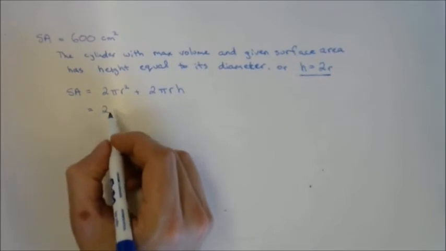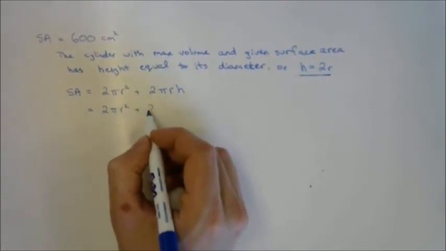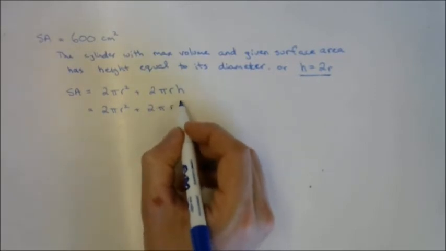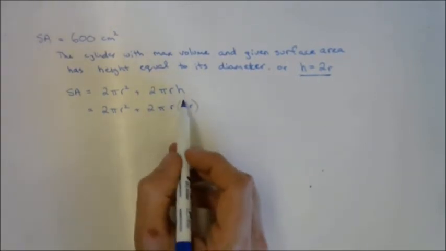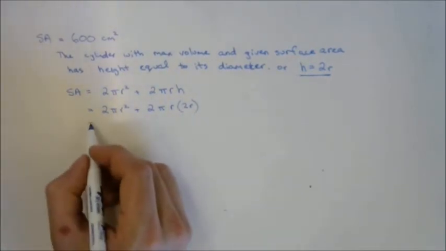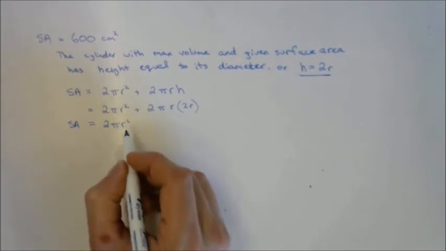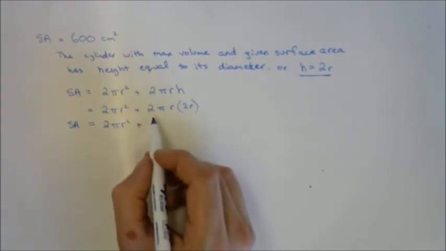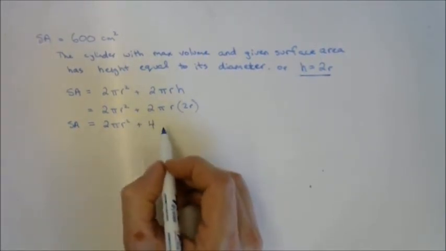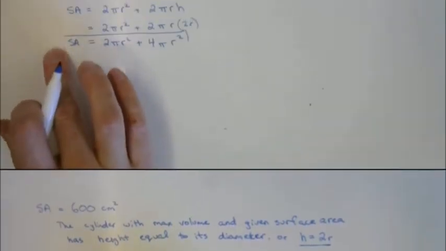And we're going to sub in 2r wherever we see h. Now we can rearrange this formula and simplify it a little bit. The first part stays the same, 2 pi r squared. But now we have 2 times 2, which is 4, and we have pi r squared.